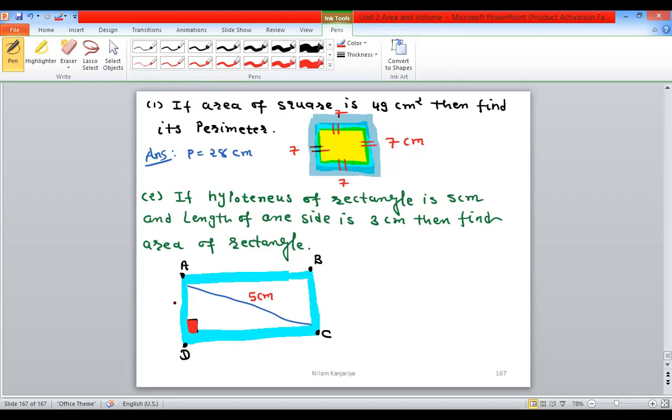So I give this as maybe 3 centimeter. And I want to find the area of the rectangle, and you know the area formula is length into breadth, L into B. So this is known as L. This is known as B.